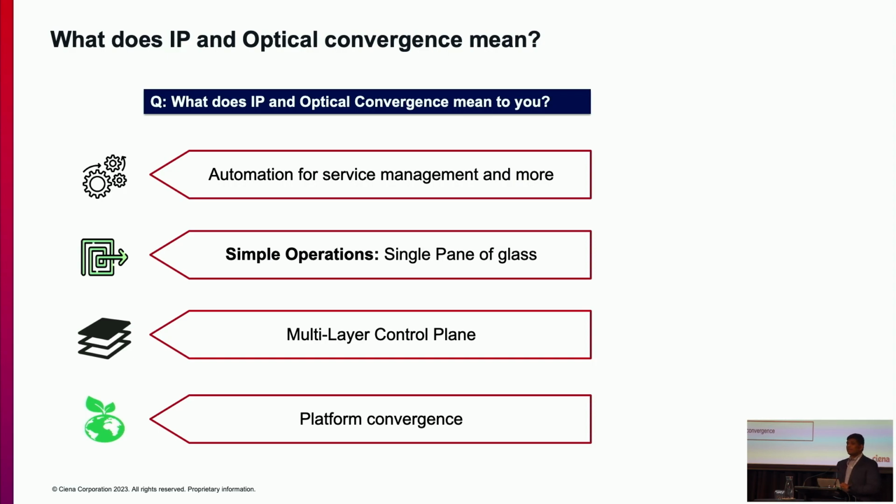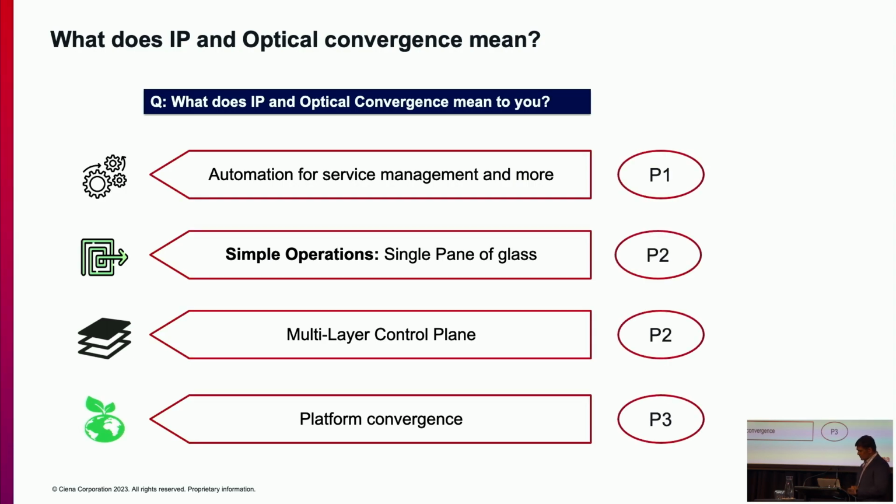Multi-layer control plane. The control plane exists at different layers. Historically, they were not talking with each other. Let us see, if they talk with each other, what benefit they bring on board. And finally, platform convergence. Can I get rid of some equipment or some electronics from my network? And if I get rid of them, what benefit does it bring on board? Many agencies have conducted various polls, and what we have understood is automation for service management is priority number 1.